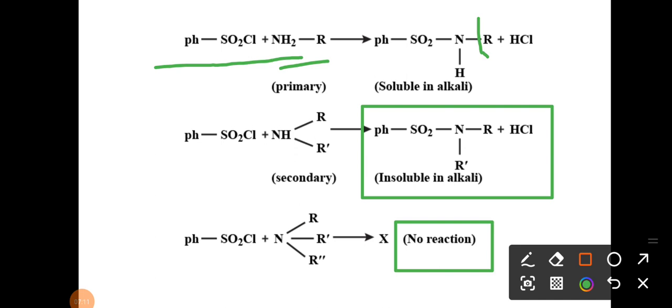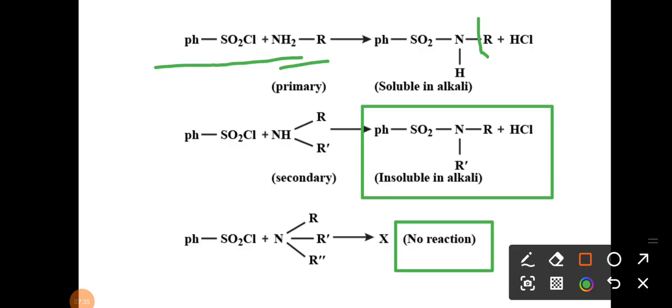So these are the differentiating points of the amines. Primary amines, the product is the N-alkyl benzene sulfonamide. Then secondary amines give the N,N-dialkyl benzene sulfonamide, and tertiary amines give no reaction. Please remember these points, very very important.